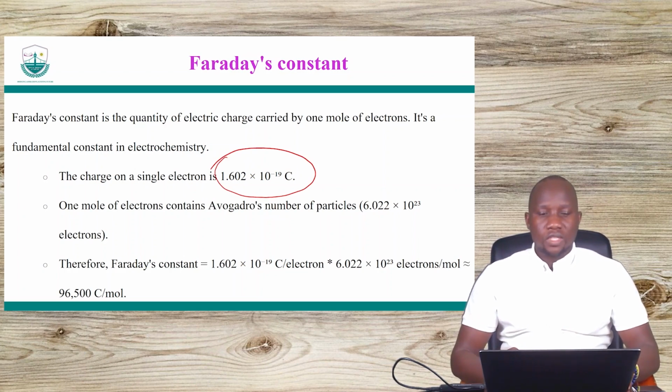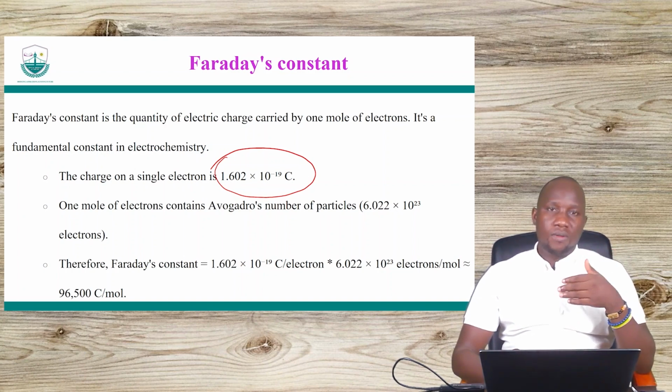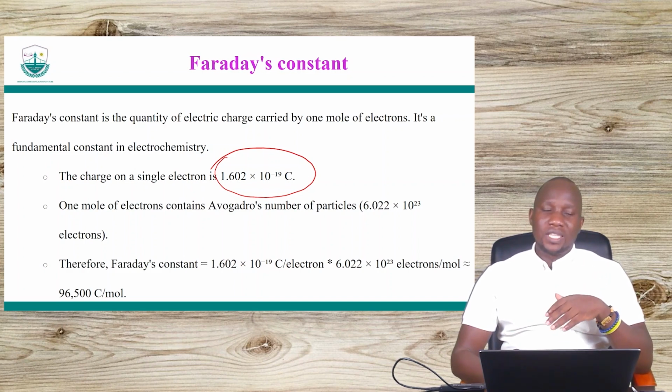The charge on 1 electron is 1.602 times 10 power negative 19 coulombs, right? But you also need to remember that for 1 mole of electrons, you will have Avogadro's number of particles. That is, you will have 6.022 times 10 power 23 electrons.